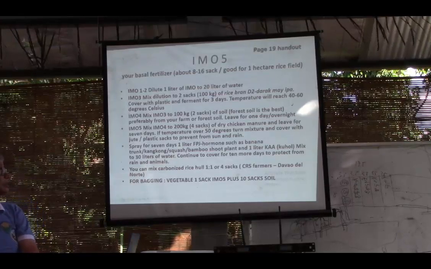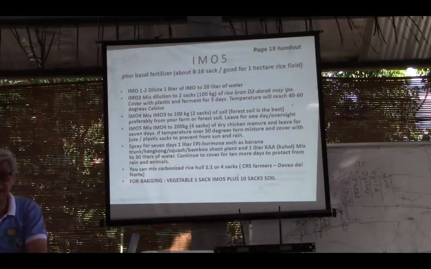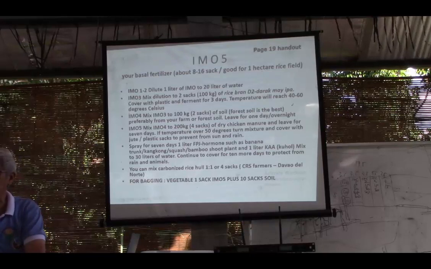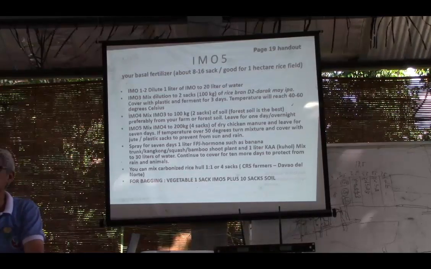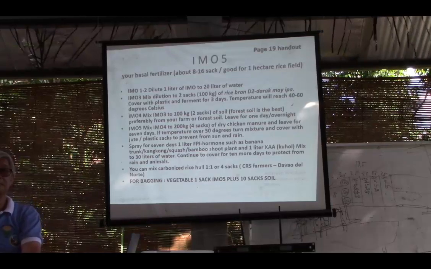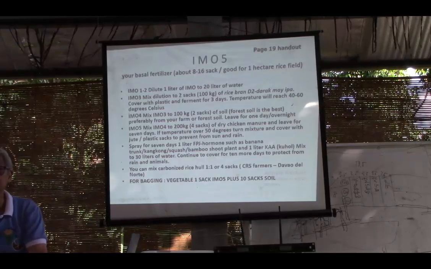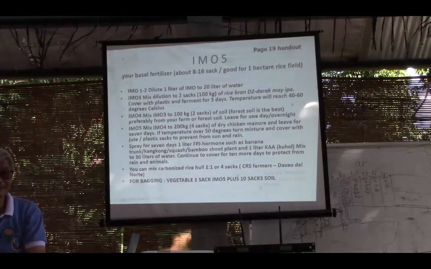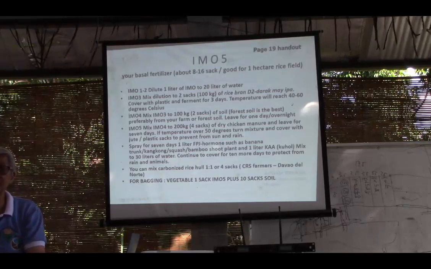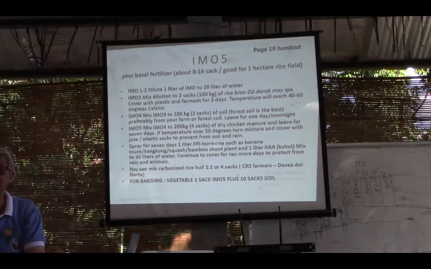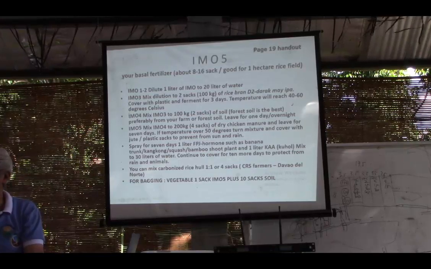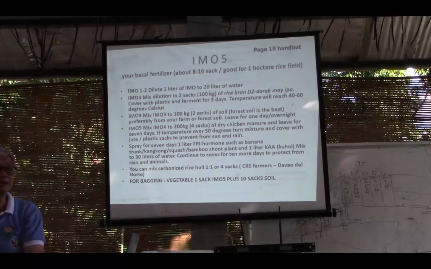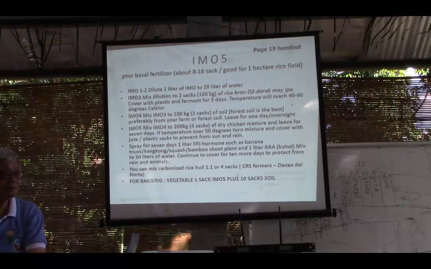Then 1 liter of KAA. What is KAA? Kohol, amino acid. What's that? Snails. The snail that we have in the rice fields in the Philippines. Later on, I'll teach you how to make the snail amino acid, okay?